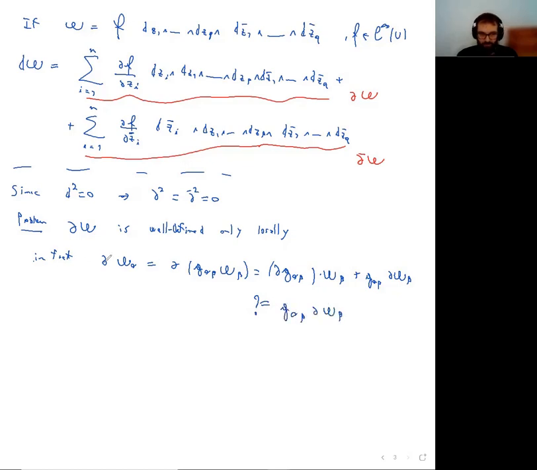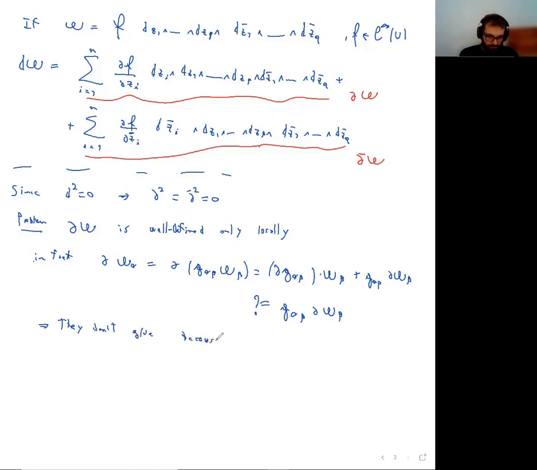Do they glue back together? Because we want to define this del of omega. Here we have del omega alpha, and we would like this to be the same as g alpha beta times del omega beta. So do they glue together? The answer is basically no, because this is non-zero.